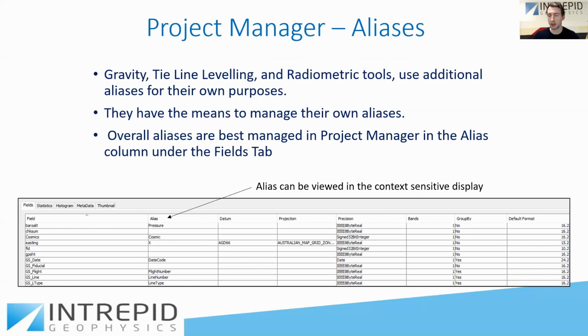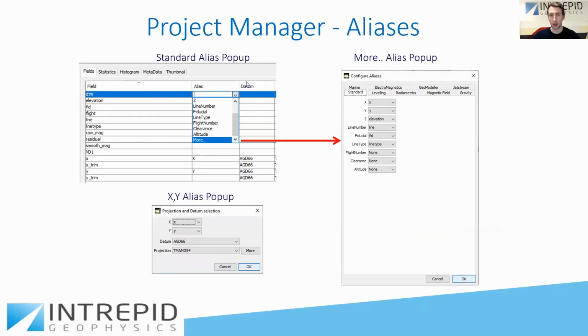And some tools specifically have the means to manage their own aliases within the tools themselves. But we recommend that changing them within the aliases column here is the best way to work with the aliases within Intrepid. So as you can see, you click on it and it will come up with a short list, and these are just the most used aliases.